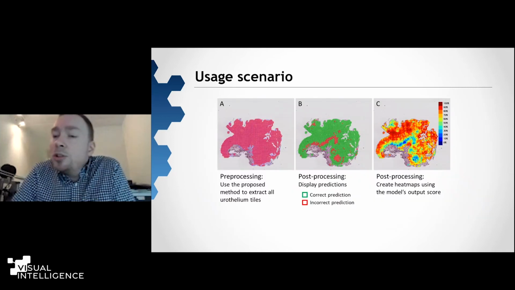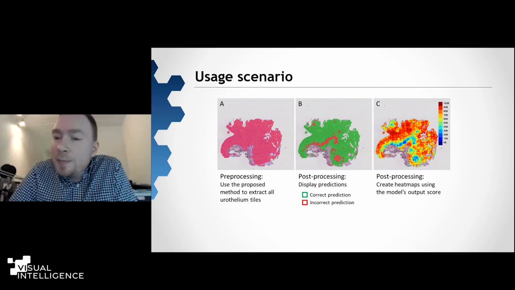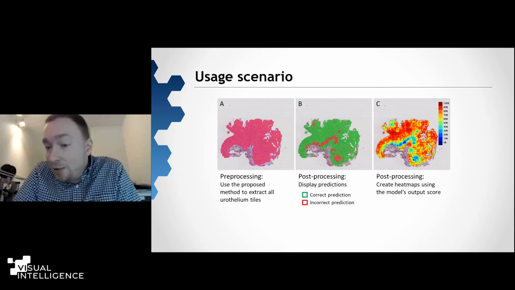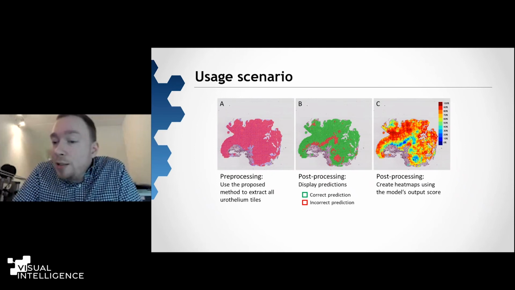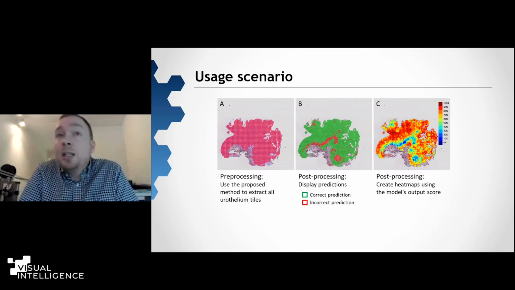Lastly, some other usage scenarios for this method. In image A, we can see the method used to extract tiles. And if we use the X and Y coordinates and combine them with the predicted output from the model, we can use it to display the output.